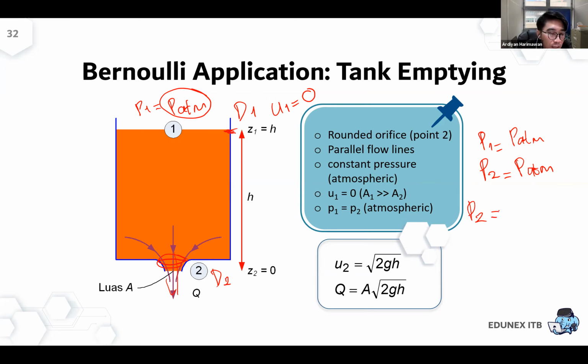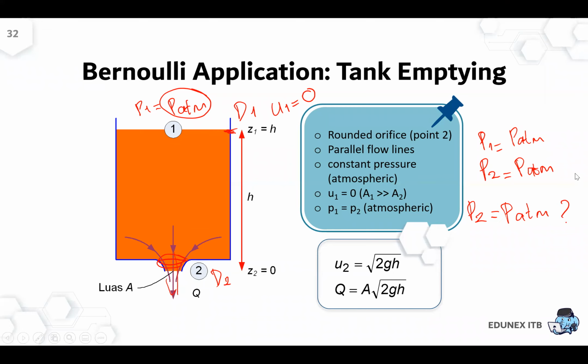Kalau di bagian 2 itu tidak bolong, airnya tidak mengalir keluar, apakah P2 sama dengan P atmospheric? If there is no hole? No, sir. Okay, so how much is the pressure at point 2 if it is not atmospheric? Density times gravity times height.